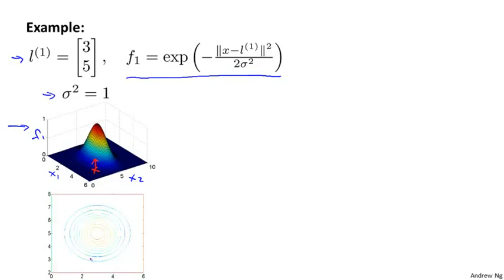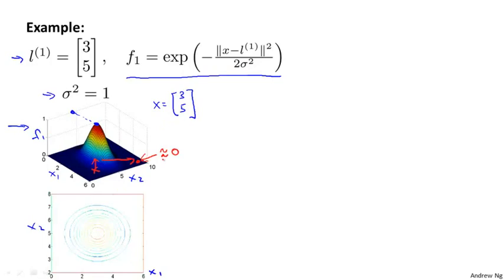And down below is the same figure shown as a contour plot, with x1 on the horizontal axis and x2 on the vertical axis, so this figure on the bottom is just a contour plot of this 3D surface. You notice that when x is equal to 3, 5 exactly, f1 takes on the value 1 because that's its maximum, and as x goes further away, this feature takes on values close to 0.